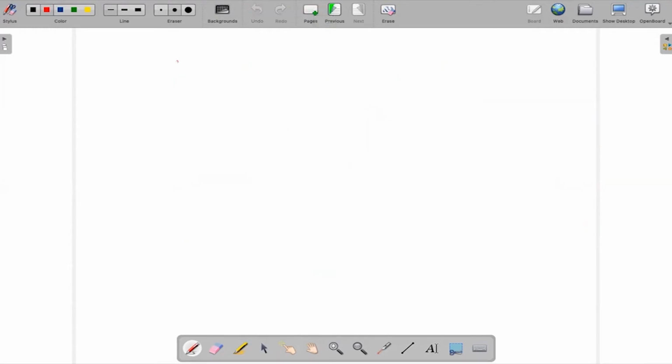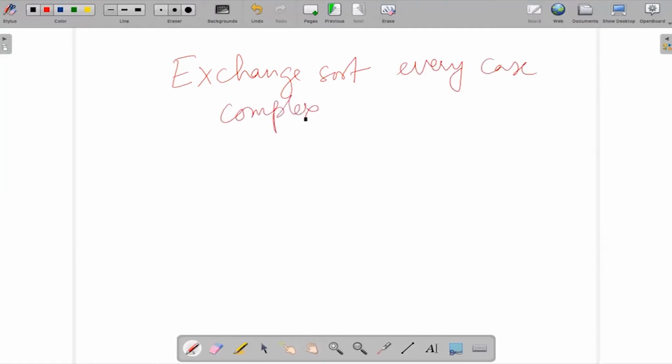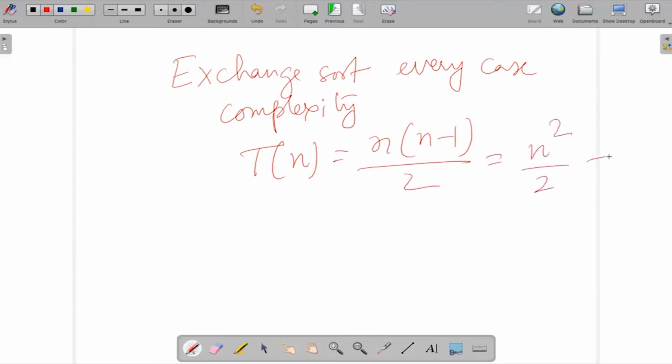Recall the exchange sort every case complexity. What we found, T(n) is equal to n into n minus 1 by 2. This is nothing but n square by 2 minus n by 2.